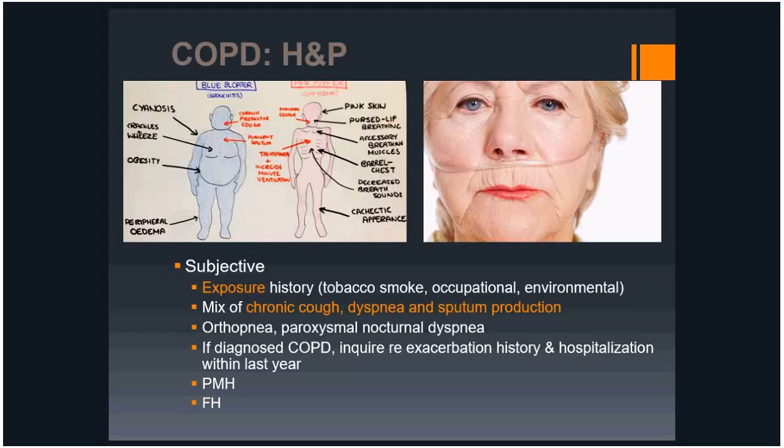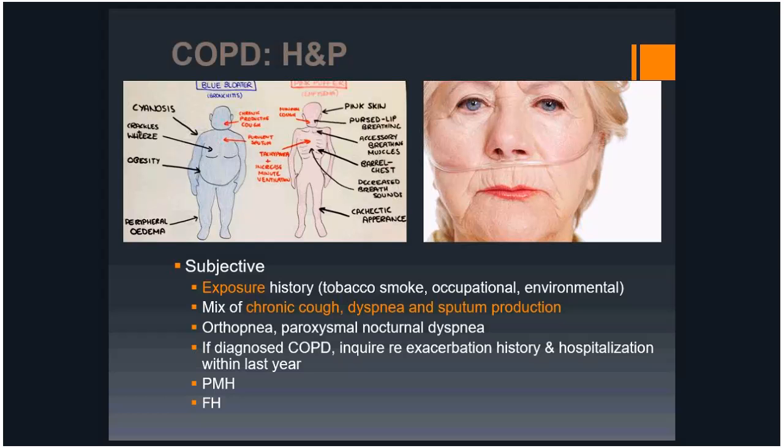So instead of always thinking about that classic male blue bloater and pink puffer, depending on how you were taught, the reality is there's typically a mix of bronchitis and emphysema, and the new face of COPD is a middle-aged woman with a history of smoking who also has symptoms.